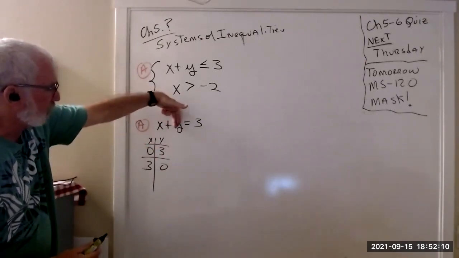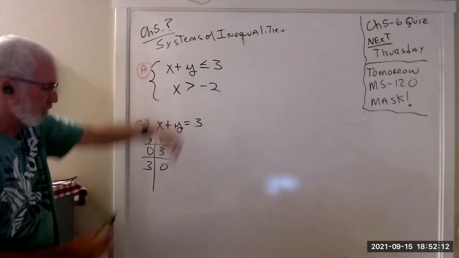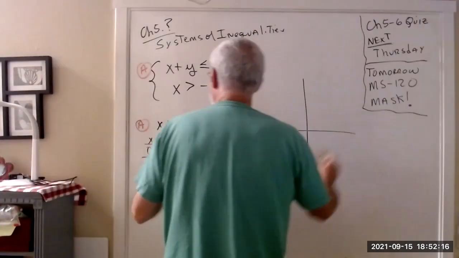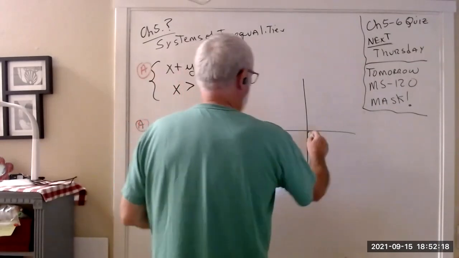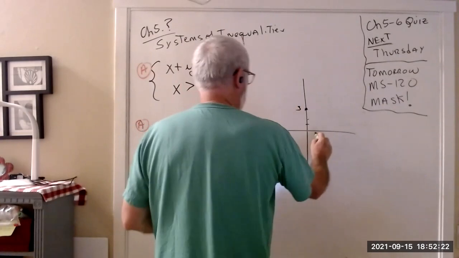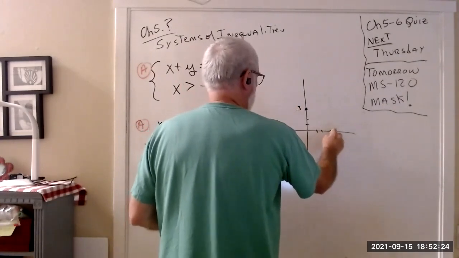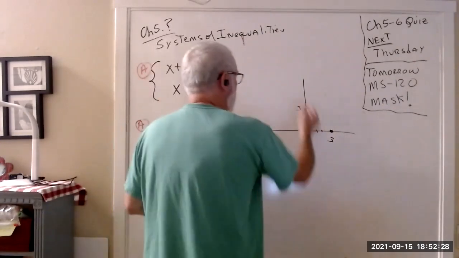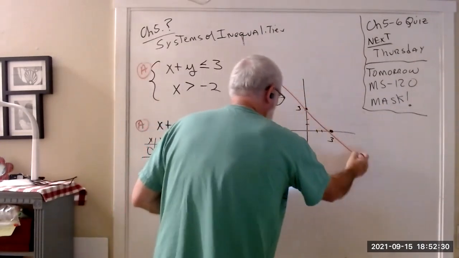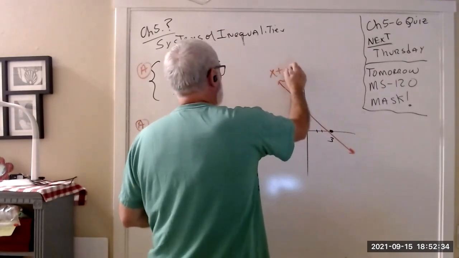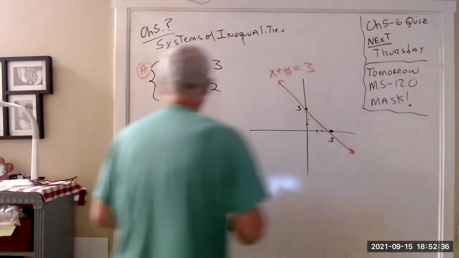If y is 0, the y drops out, so x equals 3. So we come over here real quick. 0, 3, 1, 2, 3 is here. And 3, 0 is right about there. So this is the red line, and it's solid. It looks something like this: x plus y equals 3.